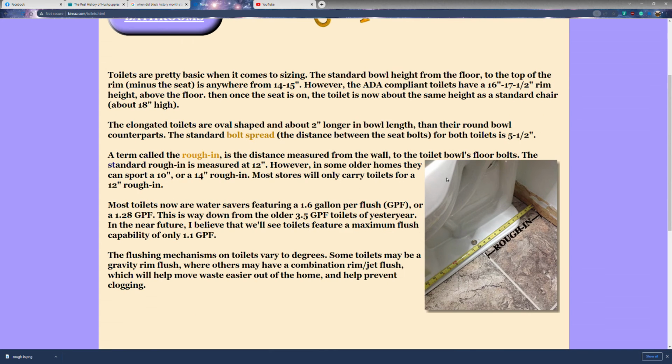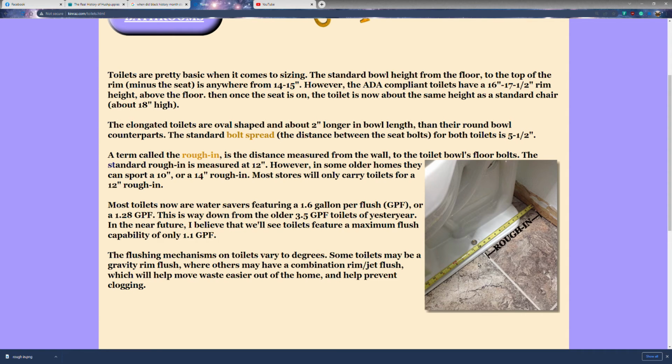With the rough-in, what you're going to look at is basically from the back of the wall to the center line of where your waste pipe is. That's your rough-in. Most rough-ins are 12 inches.